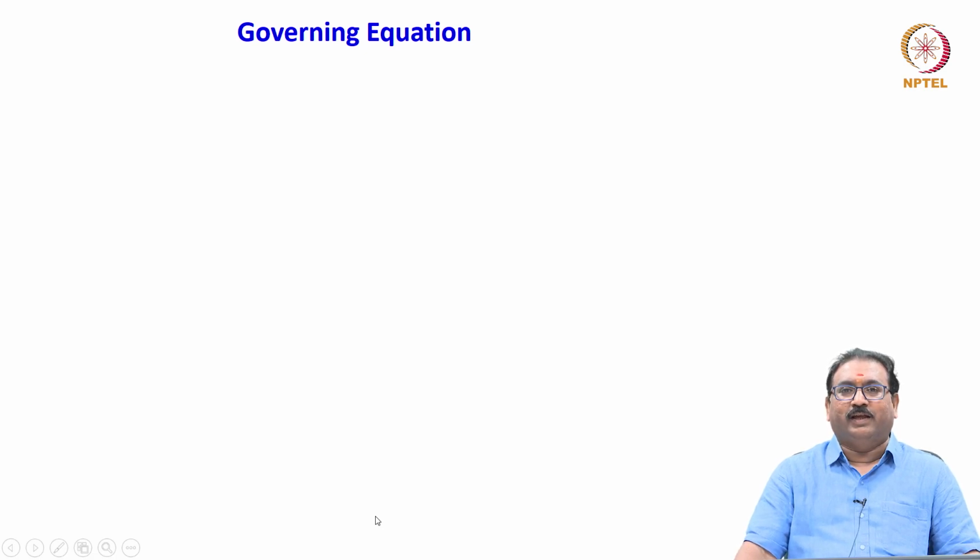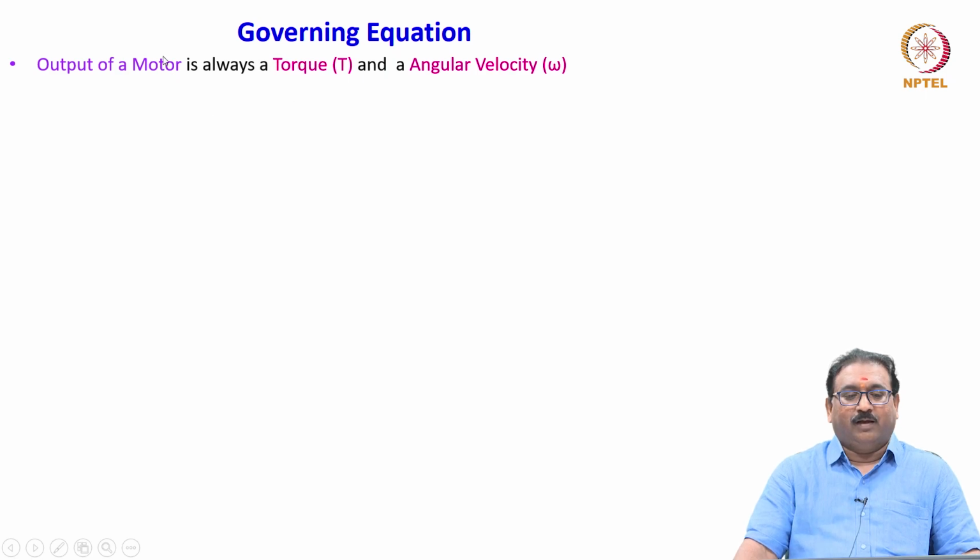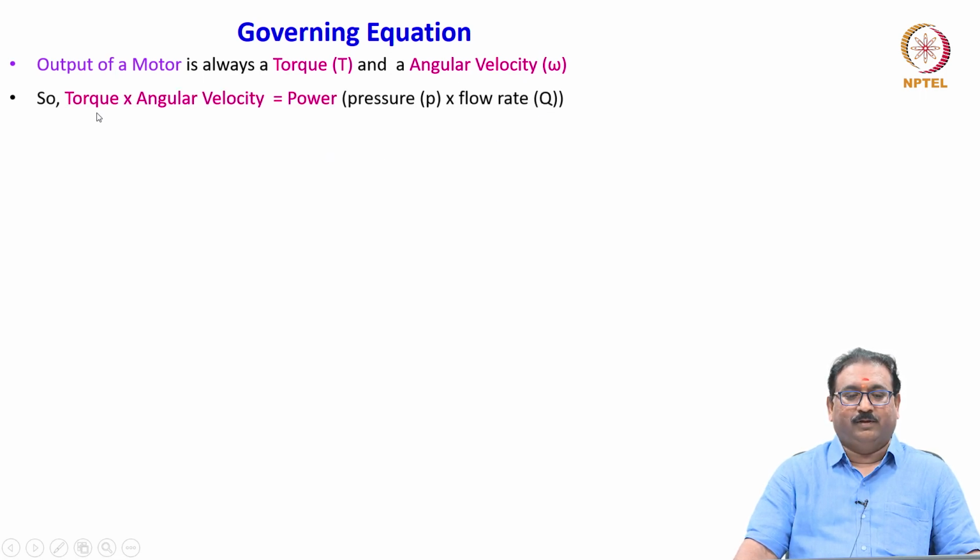Before going to study in detail all these types of motors, we will see certain technical parameters by studying the governing equations. Output of motor is always a torque and angular velocity omega. So, torque into angular velocity is nothing but the power.